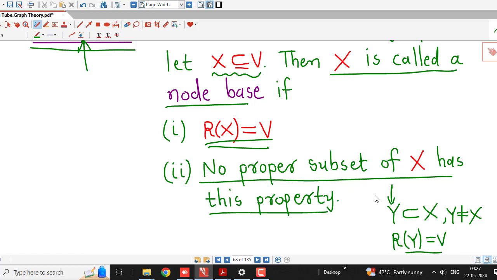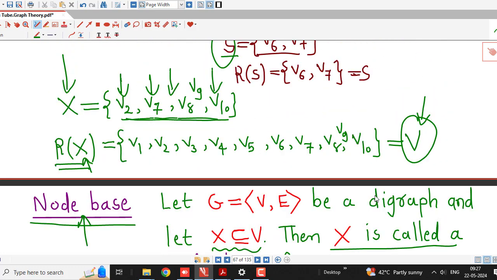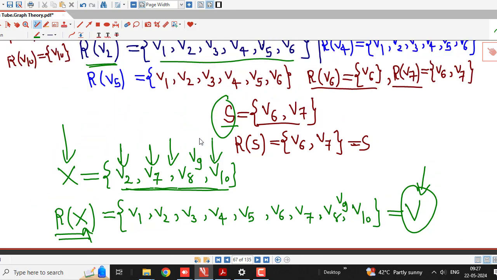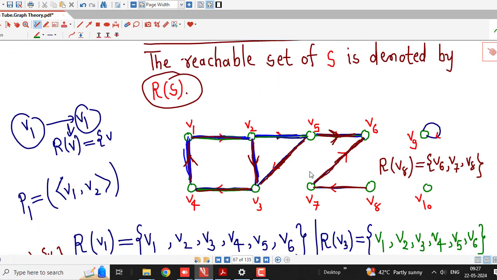So here we can check whether this capital X is a node base or not. We have taken these vertices V2, V7, V8, V9 and V10.